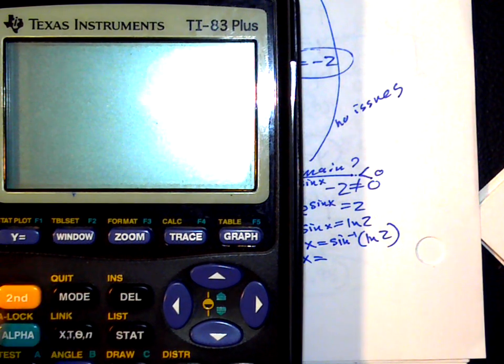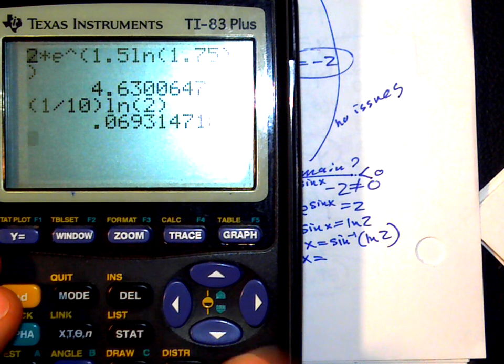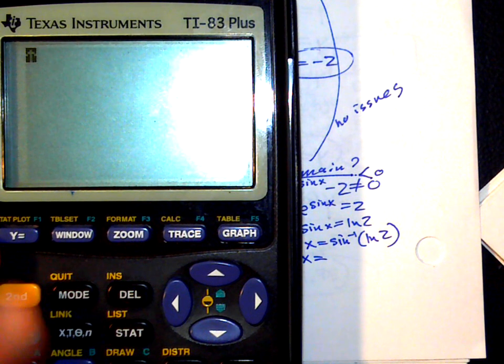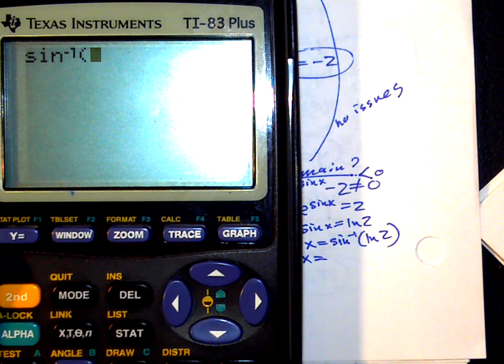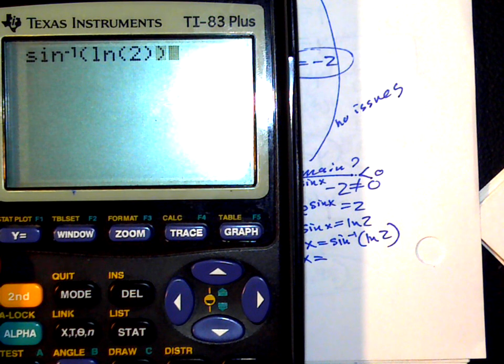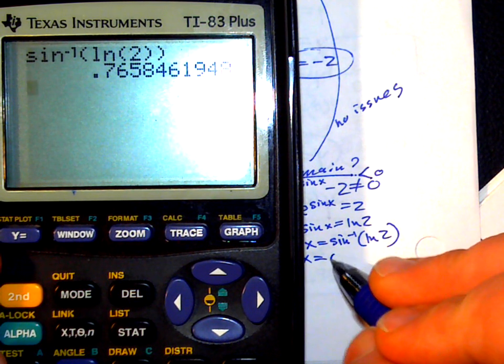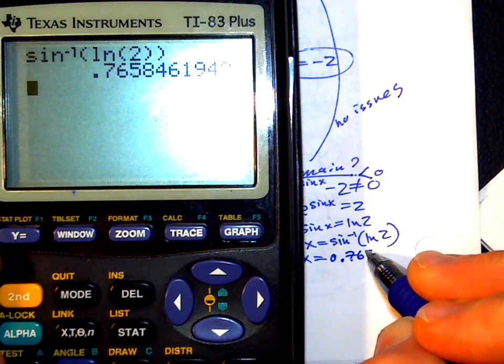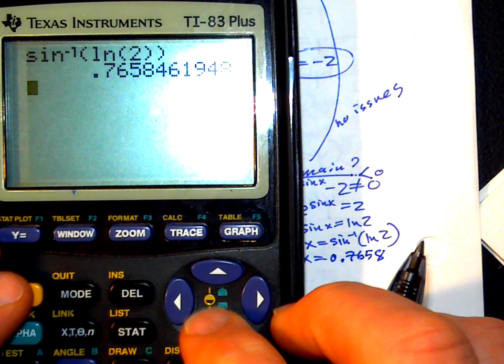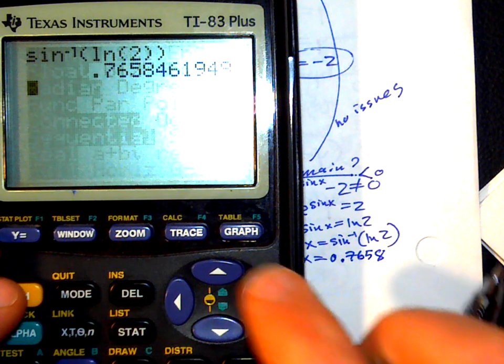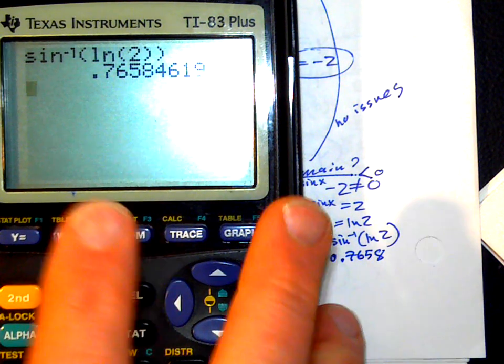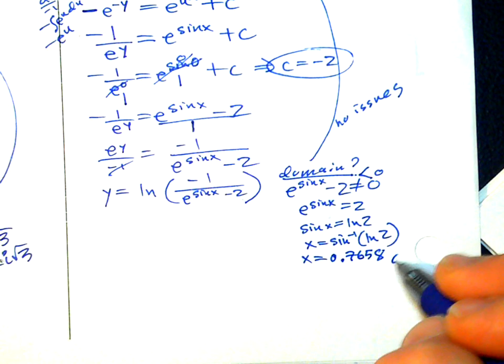I don't think you're going to have to do something that crazy. It's 0.7658. Make sure you're in radian mode. Now, by the way, this is principal value. So it's going to give you quadrant 1 no matter what.